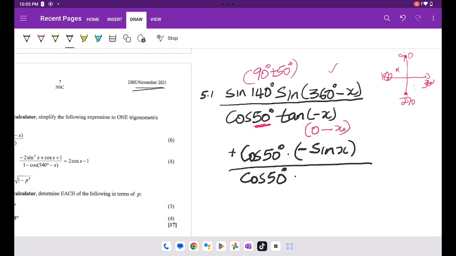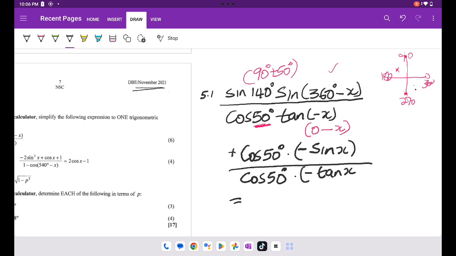Now 0 minus x is in quadrant 4, and tangent in quadrant 4 is negative, and then we don't change it, so it will just remain the tangent of x.